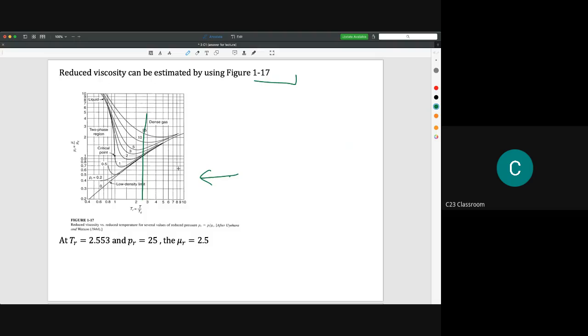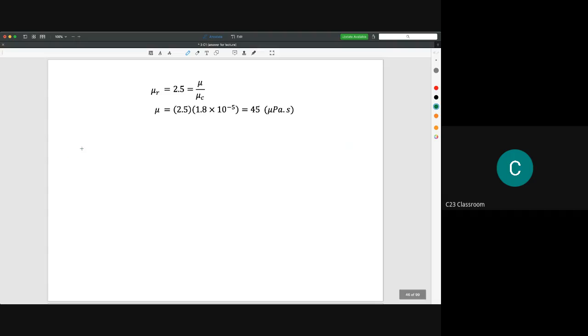And then PR is 25, so we have PR 25 here, and if we get the value, it is around maybe 2.5. Then we just take 2.5 here, and we have the dynamic viscosity, and we could calculate the dynamic viscosity of 45 micropascal per second.